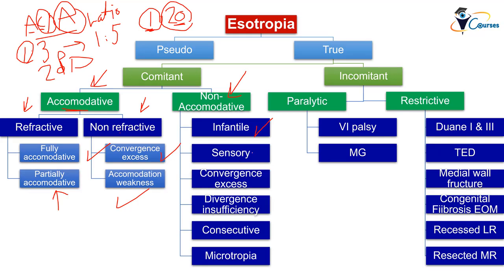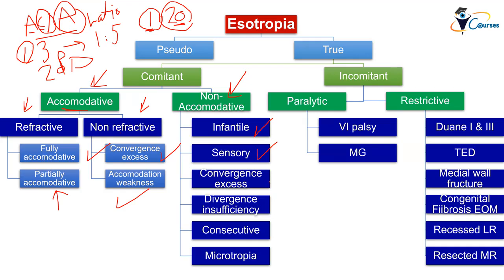We will come to this in more detail later. Sensory esotropia is when there is a break of the sensory impulses to the eye, like if there is congenital cataract, macular scar, optic atrophy, or retinoblastoma. So whenever there is disturbance to the sensory input to the eye, this can result in sensory non-accommodative comitant esotropia.